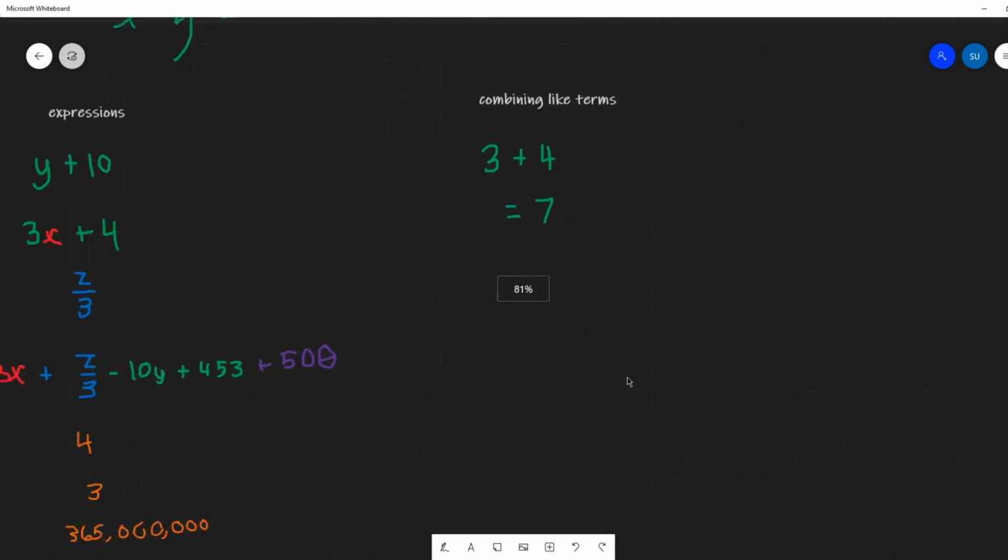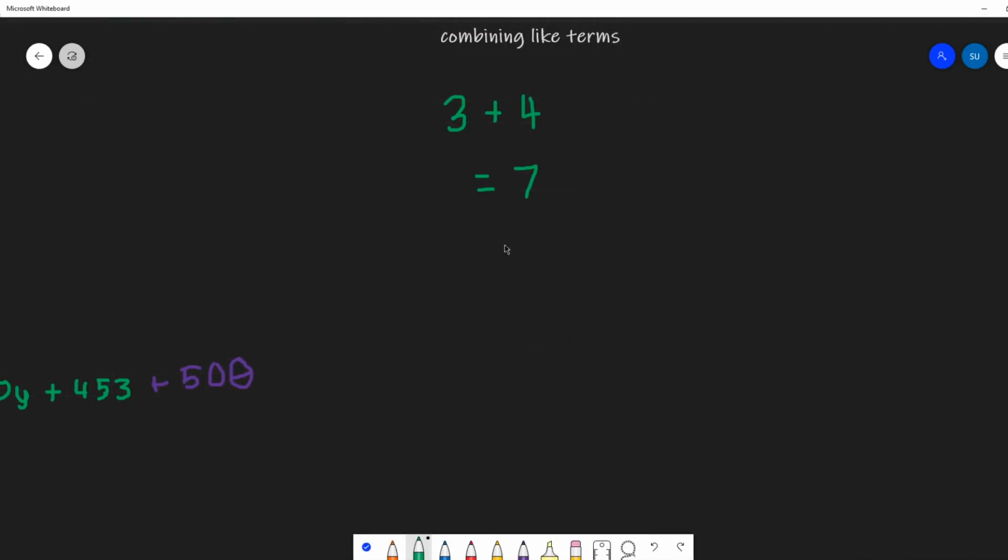Now, if you look at it in a different way, you could say, what's 3x plus 4x? You might be intimidated by the adding in of the x variable, but really it's the same concept. 3 and 4 are called coefficients, and what coefficients do is multiply the variable at hand by a specific number.